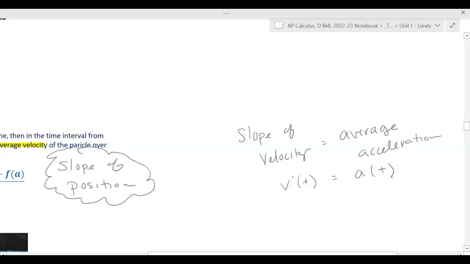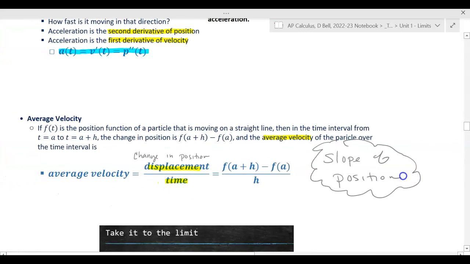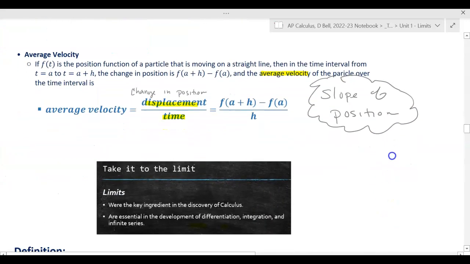If we're finding the rate of change of the rate of change, that's the next derivative. So average velocity is slope of position, which takes us back to our original slope formula. Change in y's over the change in x's.